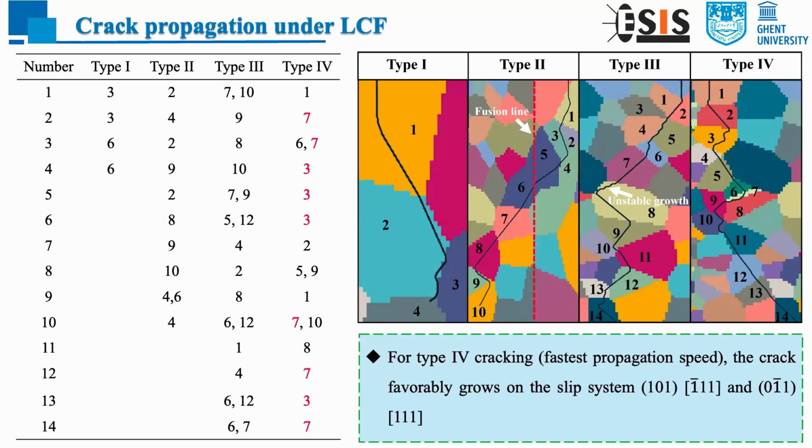And we can see that for type 4, even when we increase the strain amplitude or under other loading conditions, the cracks show preferential growth on these 2 slip systems, and we conclude that the possibility for the cracks to propagate along the two slip systems is as high as more than 67%.